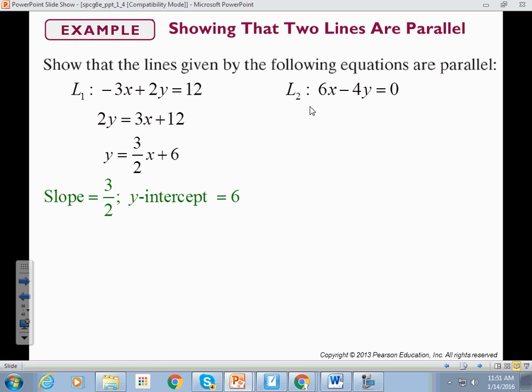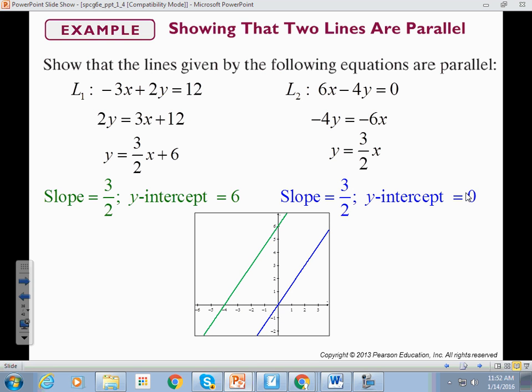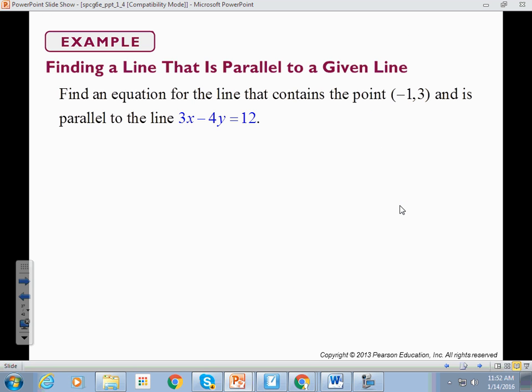If we can show that this one's slope is 3/2 and it has a different y-intercept, then we can say that they're parallel. So we subtract 6x from both sides, divide by 4 and simplify, and we see that our slope is 3/2, so that's the same, and our intercept is 0. So because they have the same slope and different y-intercepts, they are parallel.